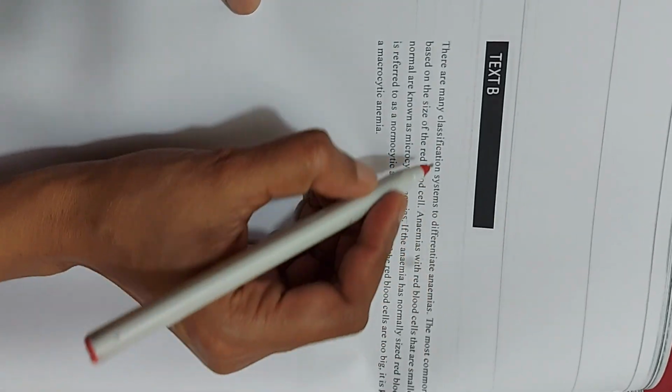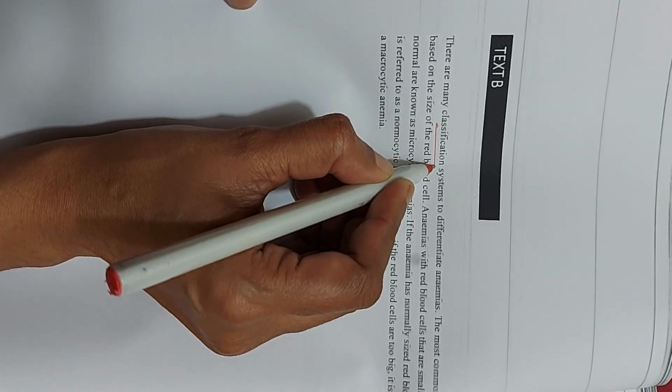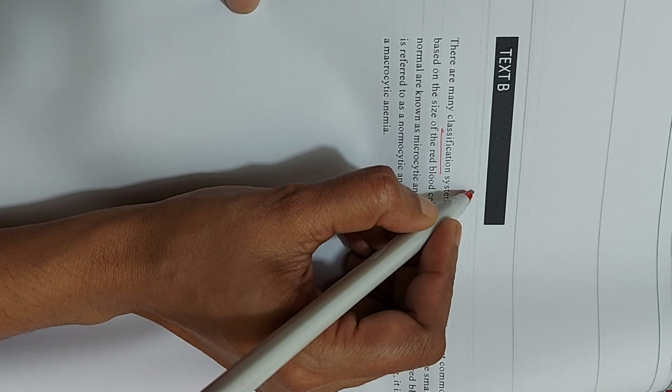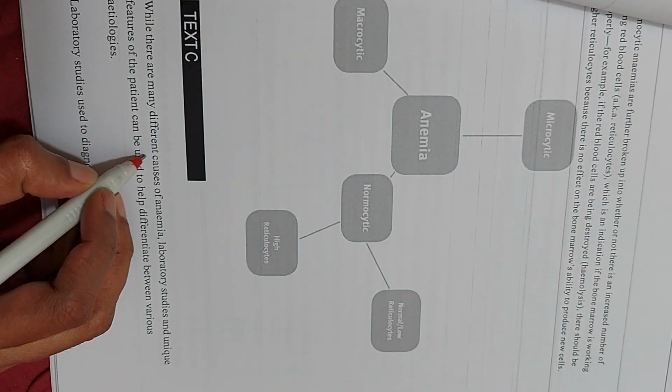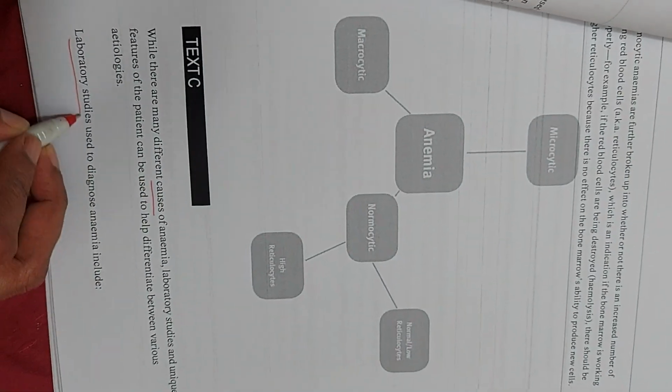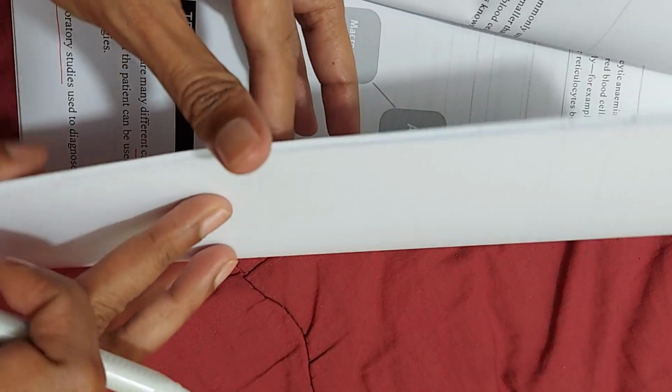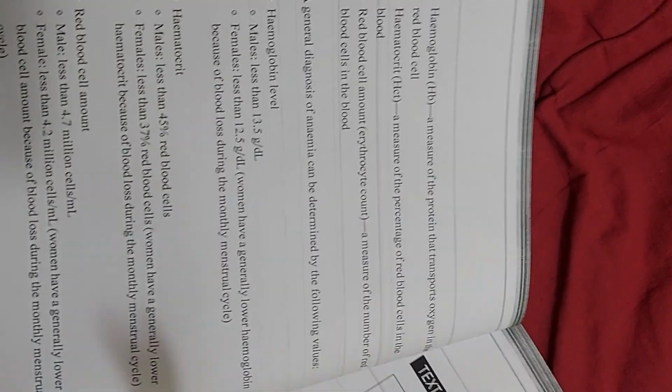Next, text B. It's about classification system. So classification in the sense of types, I can mention. So text B is about types. When you go for text C, it is about the causes, laboratory studies. I'm just pointing out some of the important things.